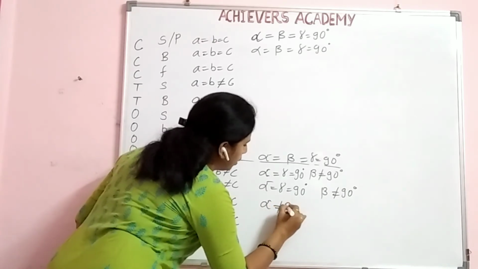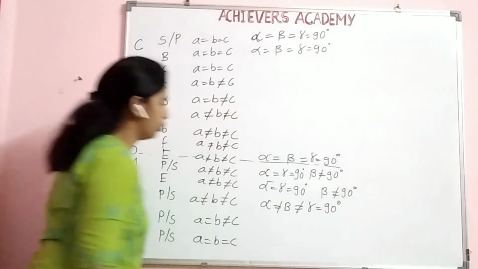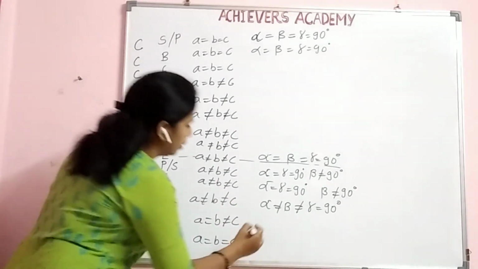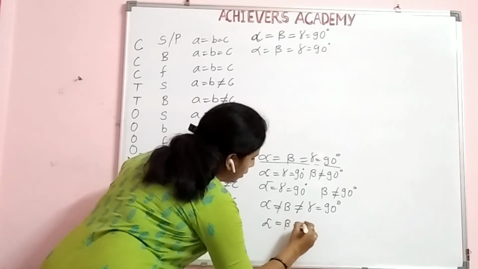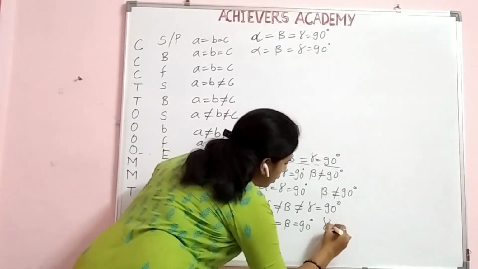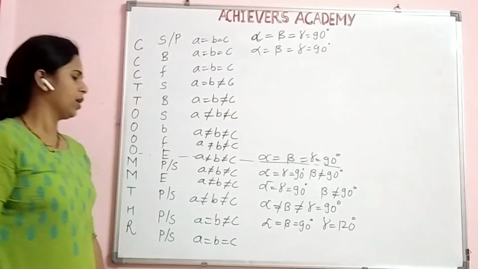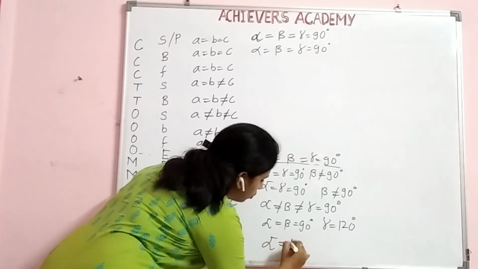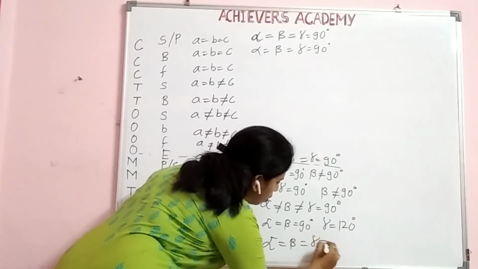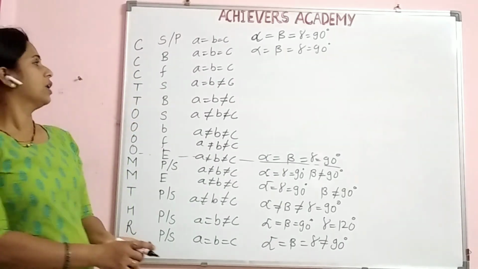Alpha is not equal to beta, beta is not equal to gamma. Okay. Then alpha is equal to beta 90 degree, but gamma is equal to 120 degree. And lastly, alpha is equal to beta is equal to gamma, they are not equal to 90 degree. So this way you have to remember.